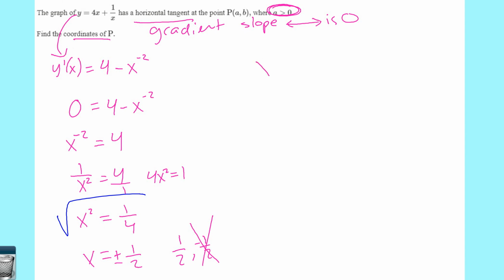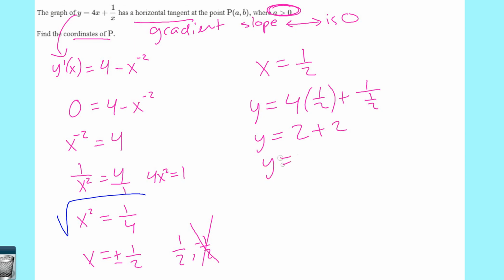So if our x is equal to 1/2, we get y by plugging in 1/2. So 4 times 1/2 is 2. And then 1 divided by 1/2 is 2. So y is 4. So our coordinates are 1/2, 4.